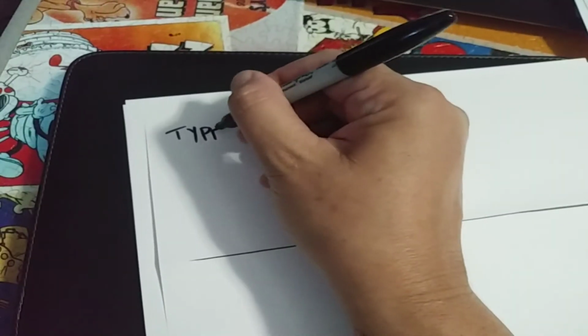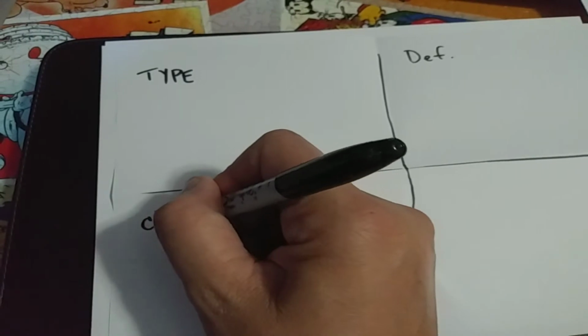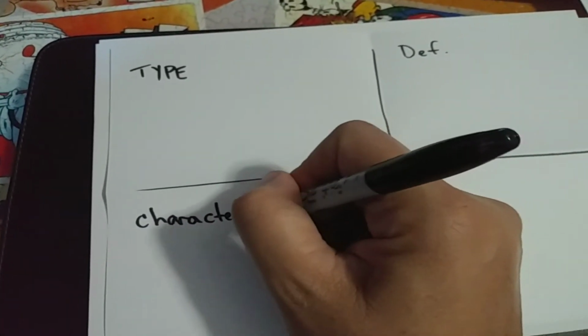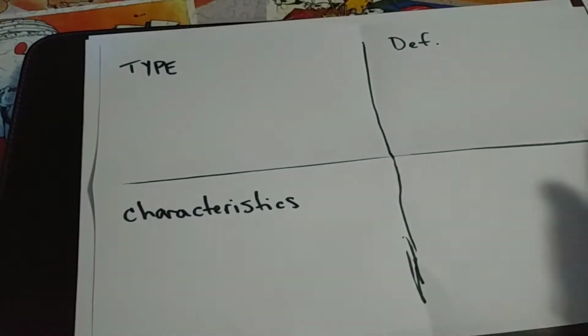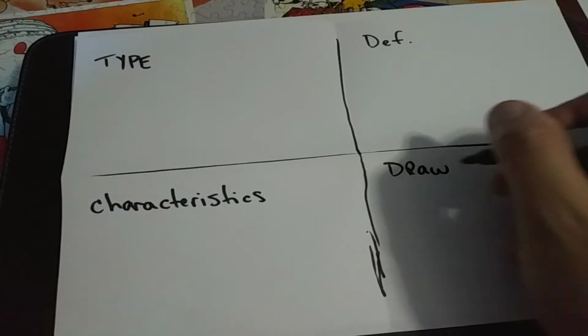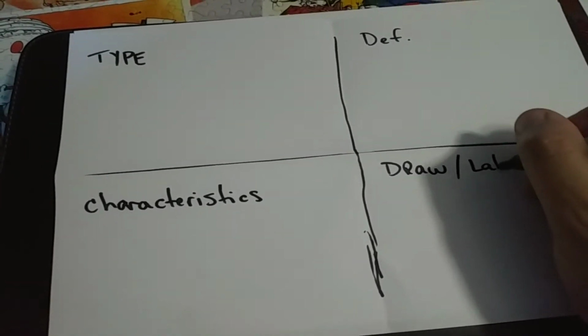type, definition, characteristics, and then label what we are learning.